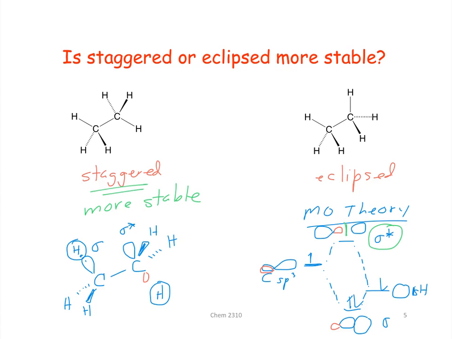That's over here. The filled pi orbital is going to donate some electron density into this empty pi star orbital. So we're going to get some orbital overlap and some sharing of electrons.